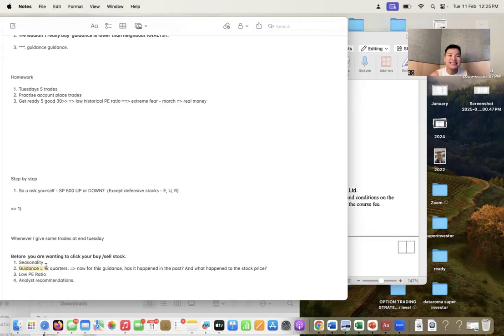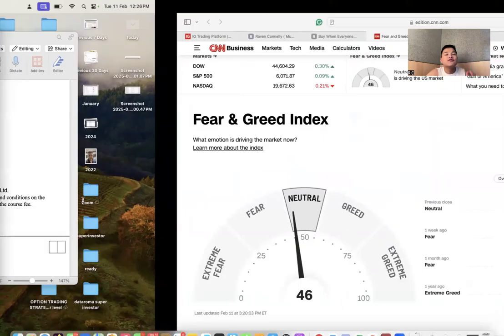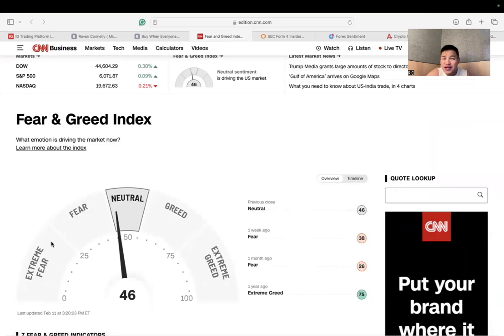So using guidance is going to pinpoint which person is going to be really happy. Because a rising tide is going to float all the boats. So that means if you can buy at the extreme fear stage of the economy, you're going to do really well, no matter what you buy. I'm going to make it very clear right now.